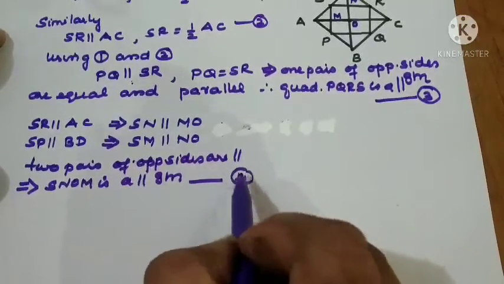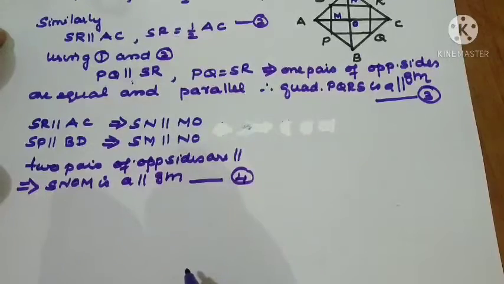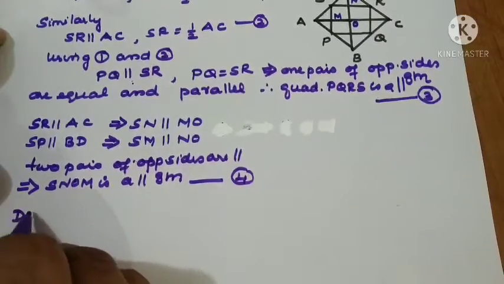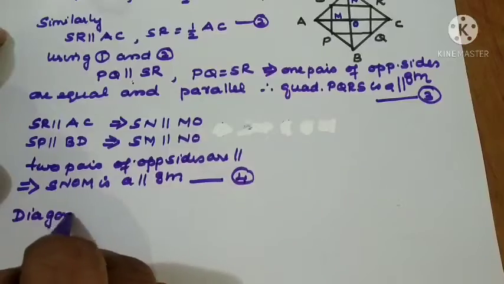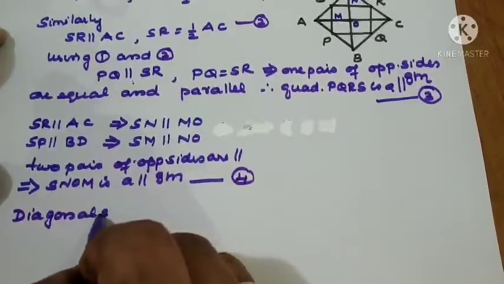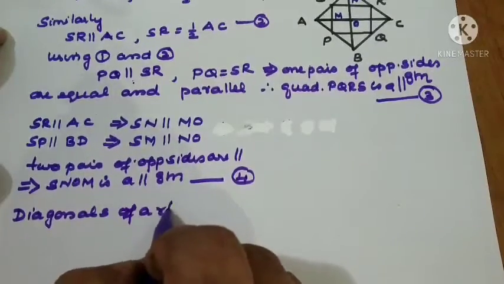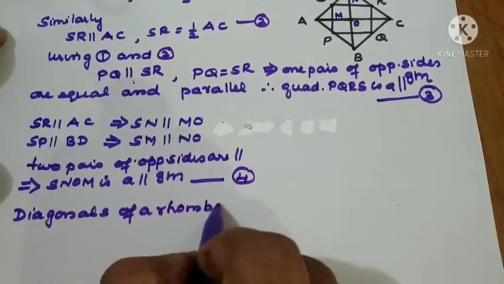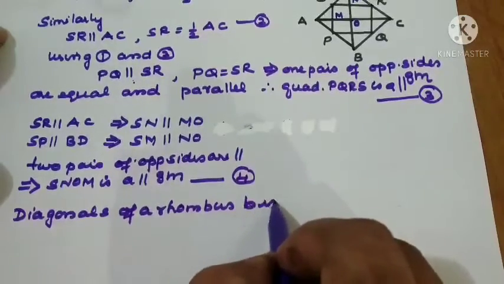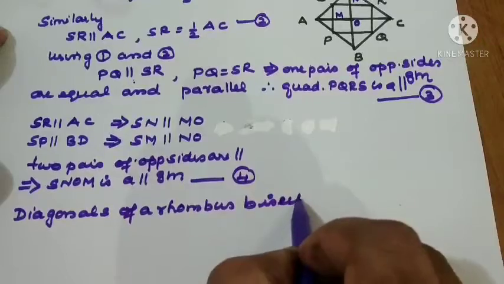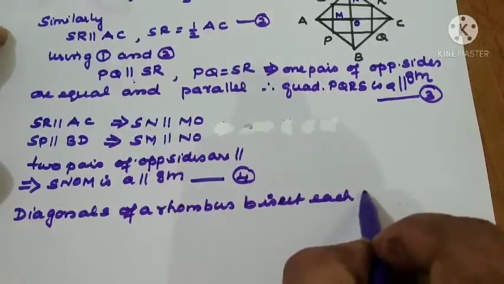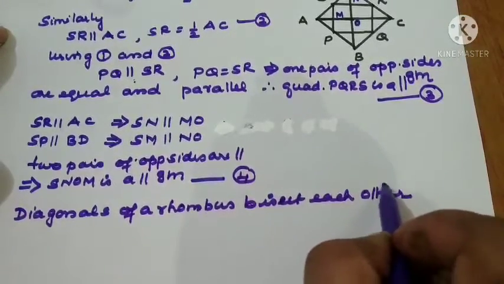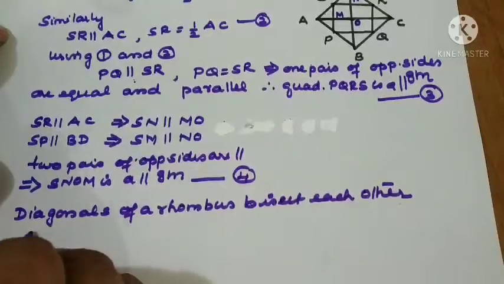Equation number 4. Now one more concept we have to use here. What is that concept? Diagonals of a rhombus bisect each other perpendicularly.